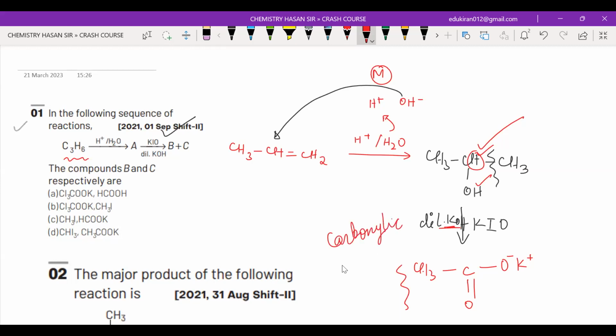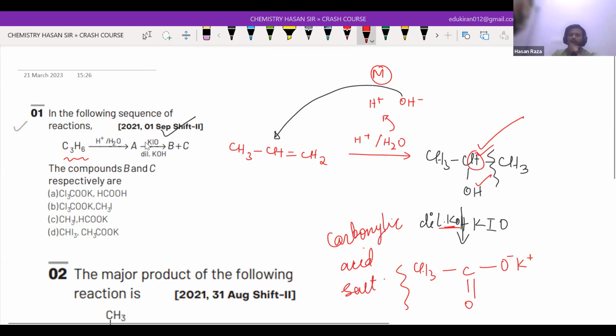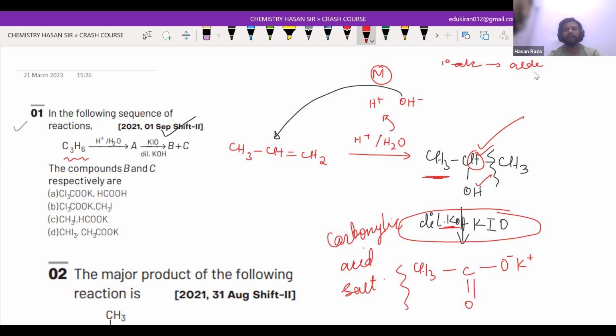Carboxylic acid salt. These questions will be solved easily if your overall concept is clear. Like if you know some concept from alcohol, like this is 2 degree alcohol, and if you are going to use a very strong oxidizing agent, first 1 degree alcohol is converted into aldehyde, and aldehyde is converted into carboxylic acid. 2 degree alcohol will be converted into ketone.